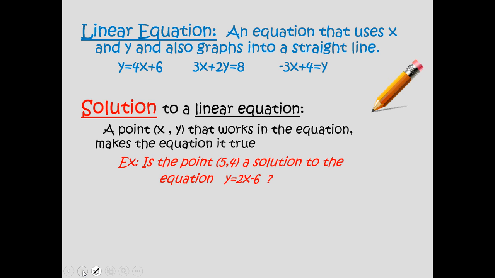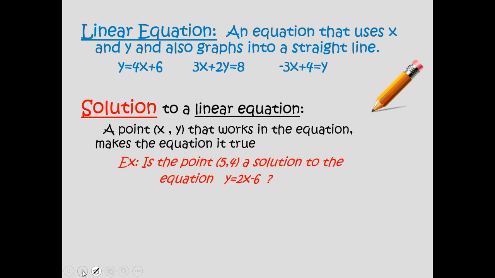Now, solutions to linear equations are a little bit different than solutions to a standard equation where you're just solving for x. A solution to a linear equation is a point. So it's an x and a y that works in the equation to make it true. So here's an example here. Is the point (5, 4) a solution to the equation y equals 2x minus 6?